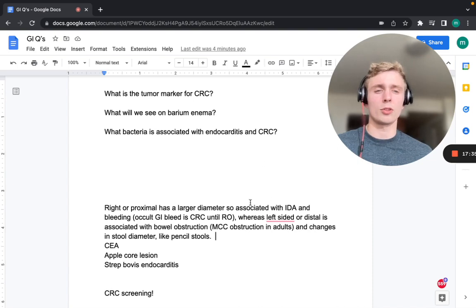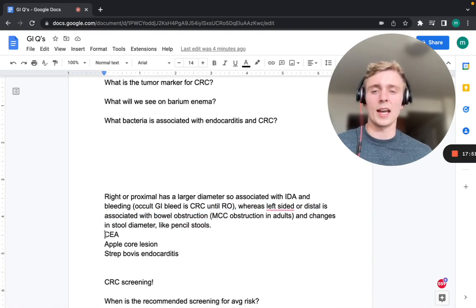Often if we have the obstruction there, it's going to take less of a tumor size to actually obstruct that area. And if you see something classic like pencil stools, that's more so a left-sided bowel obstruction from colorectal cancer. The tumor marker, CEA, carcinoembryonic antigen, that's what we monitor colorectal cancer with.